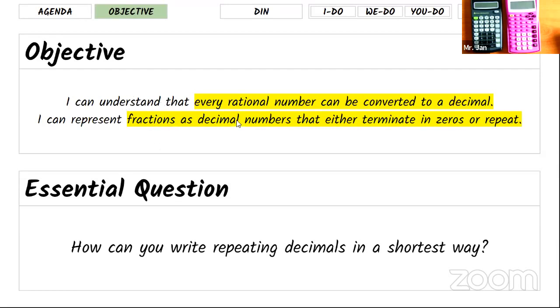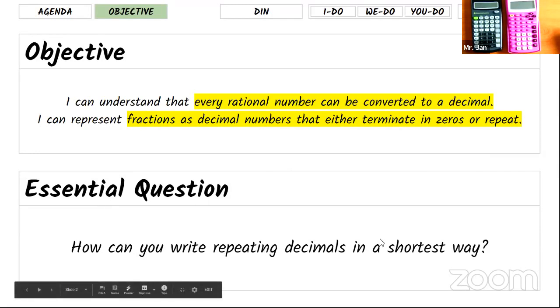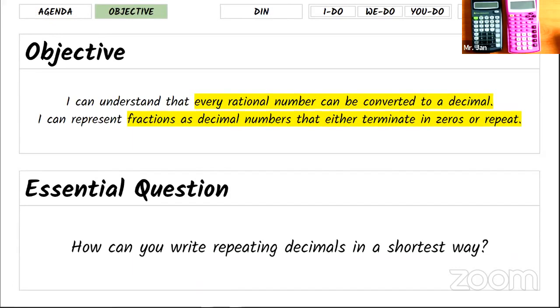When we convert fractions to decimals, there are 2 cases: one is terminating, the other is repeating. We're going to talk about these 2 today. The essential question is, how can you write repeating decimals in the shortest way? There is a shortest way, so you won't be surprised when I show you how to rewrite them. Let's start with the lesson now.